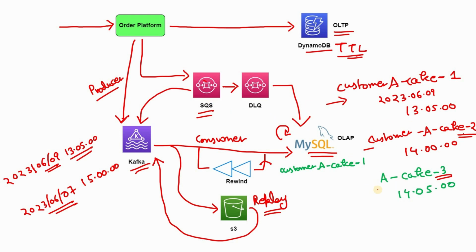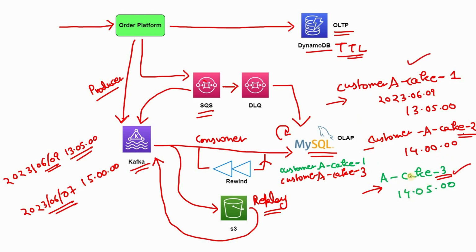And when the third event reached the producer, Kafka was again up and running. So the producer successfully published that event, and because this event arrived at MySQL, for customer A the cake order quantity increased to 3. So the first insert got handled and this third event got handled.